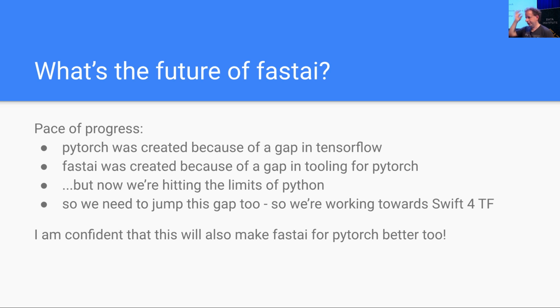But I definitely would not say to anybody, don't touch Julia. I've actually sent invites to the forum to a large number of the Julia developers at their request to say, why don't you build FastAI with us for Julia too? So I hope that happens.